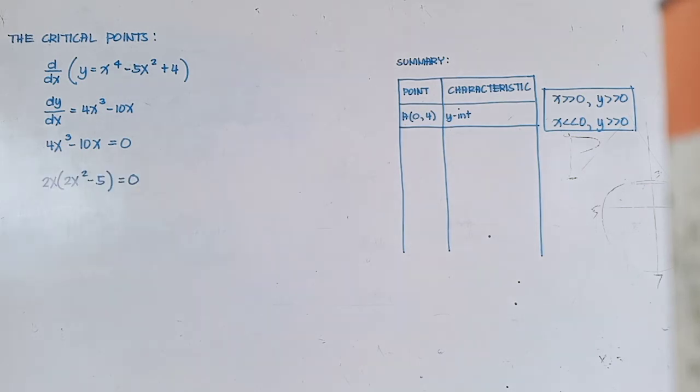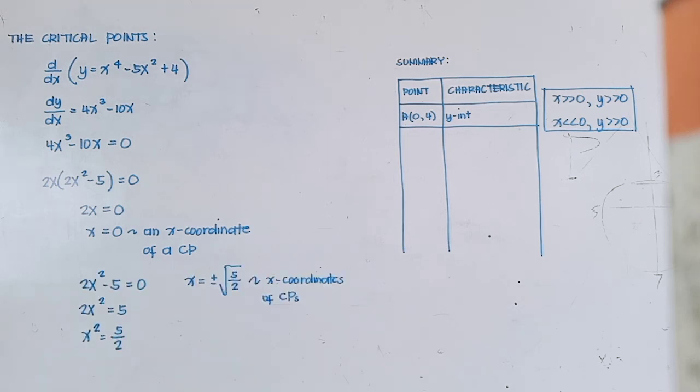Now, why factor? Because we will be trying to solve for the values of x. And what are these values of x? They will become the x coordinates of the critical points. One critical point, therefore, has an x coordinate of 0. Later on, we will determine the y coordinate, and if we can do that, then we will be able to specify a critical point.